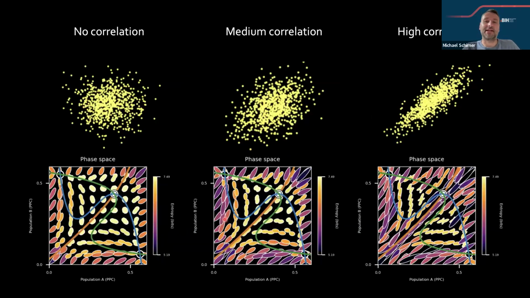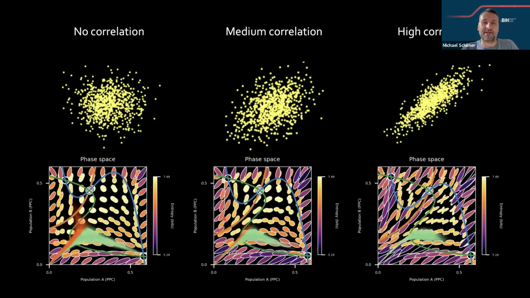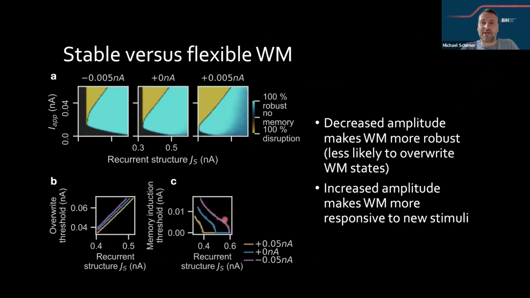And this can be easily explained by the nature of noise. If noise is correlated, of course, then the vectors point along the diagonal, while if it's uncorrelated, it points into all directions, basically.